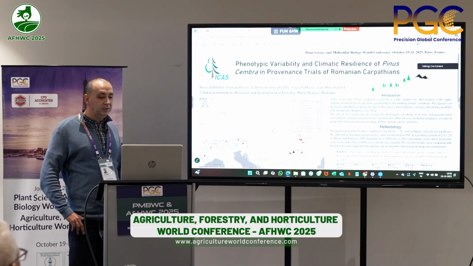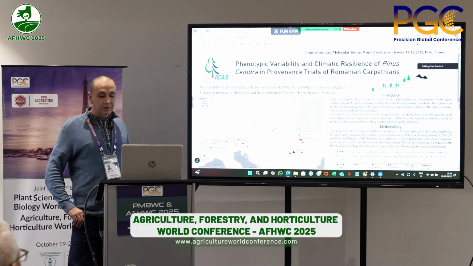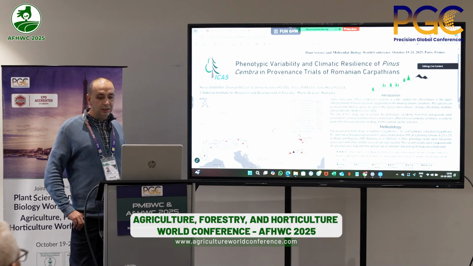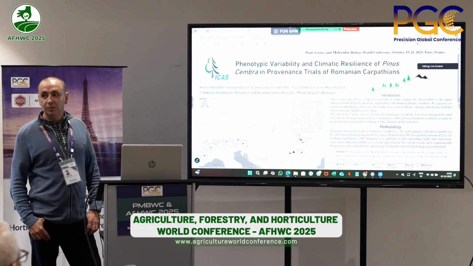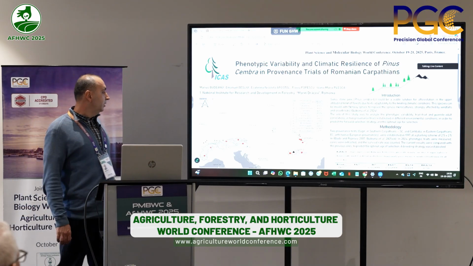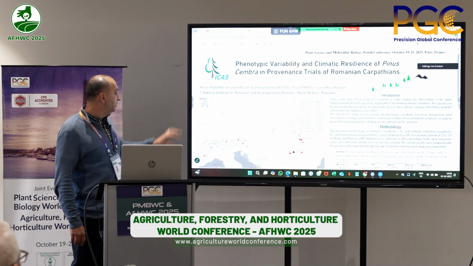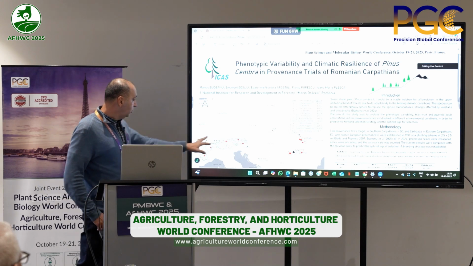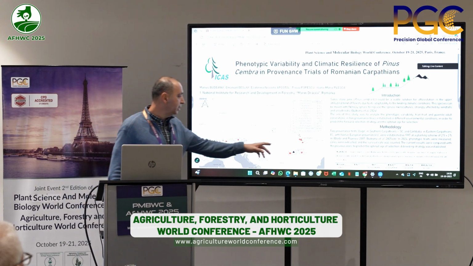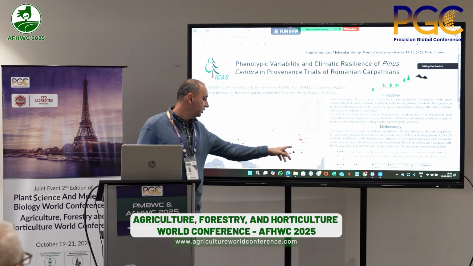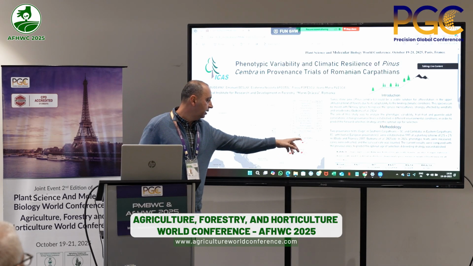The aim of this study was to analyze the phenotypic variability, trait and juvenile-adult correlation in two provenance trials established in Romanian Carpathians. What you can see here, 12 European provenances of Pinus cembra were established in two common garden experiments of the Carpathians, one in Southern Carpathians and one in Eastern Carpathians.